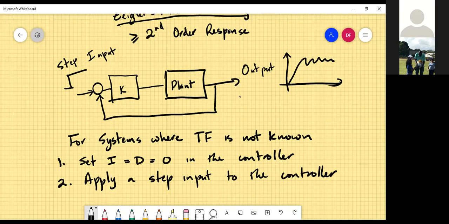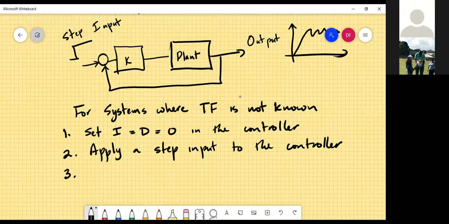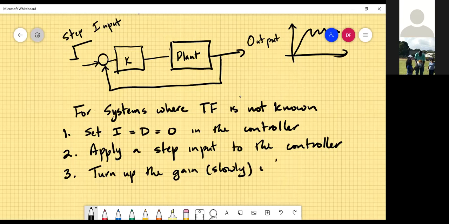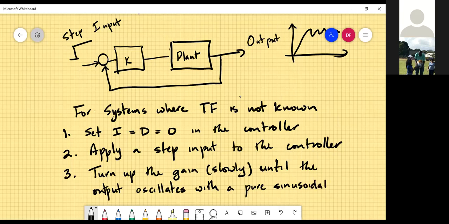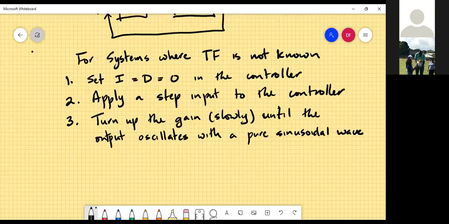Then, like I said, I'm summarizing. You're going to turn up the gain.